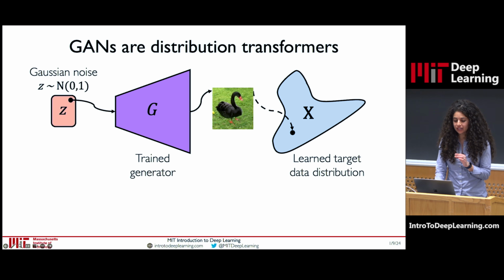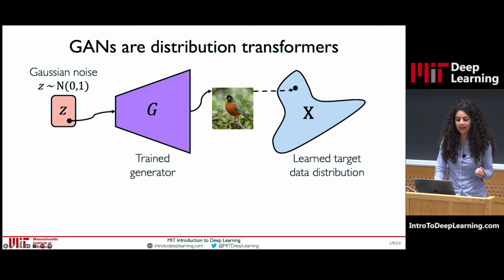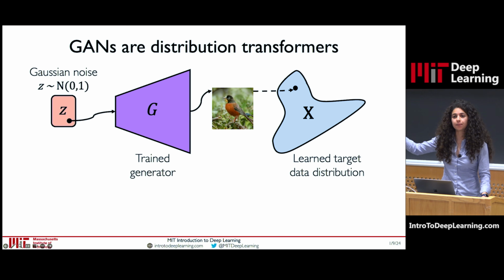What is really cool is that we can think about how to traverse this space of the learned distribution, meaning that different samples from Gaussian noise are going to end up in different places in the data world. The GAN is learning a mapping that allows us to do this transformation.